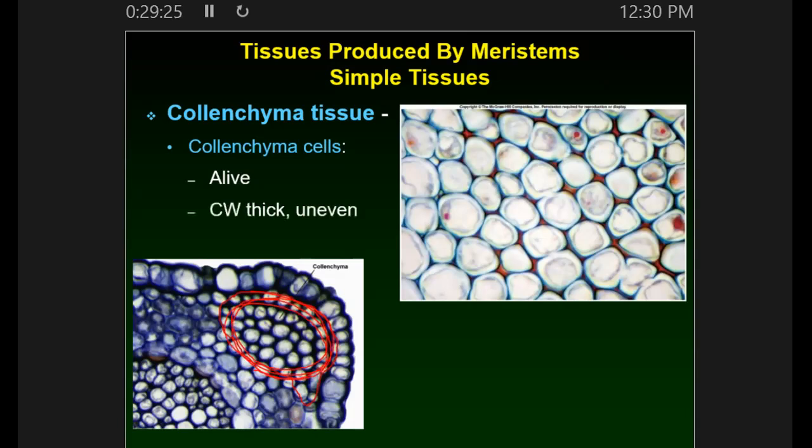Okay, so the cell walls are thick and uneven, but they're living cells. So this is an option for the plant. They're like, well, I want some living cells there, but I need a little extra oomph of physical structure. And so they'll lay down some parenchyma for that. So very strong, even though they're living cells and only have primary cell walls.